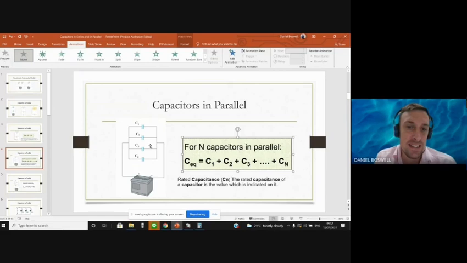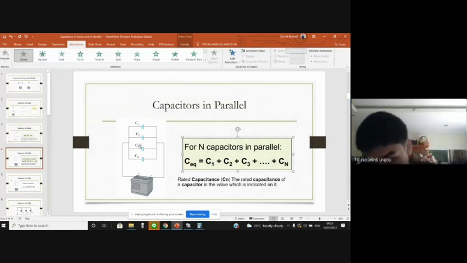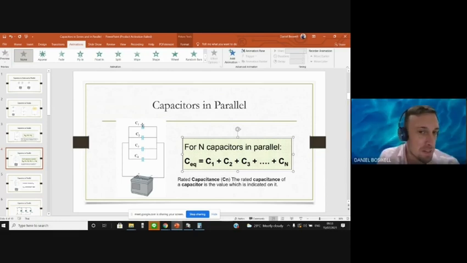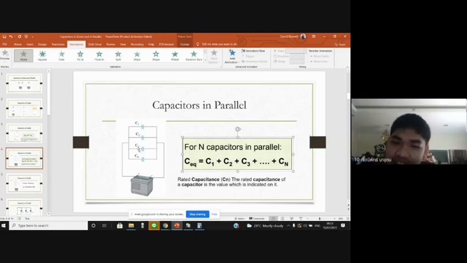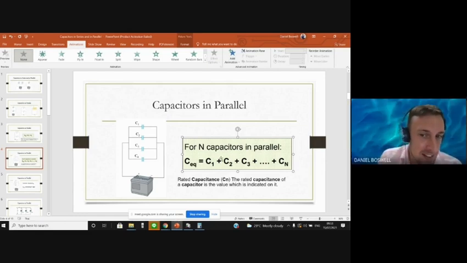And to find our total capacitance, CEQ, we divide all of these together, yeah? Are you sure? So we do C1 divided by C2? No, put it together. Good, we plus it together. We don't want to be dividing it because we'll have all sorts of silly numbers. So CM, the rated capacitance of the capacitor.